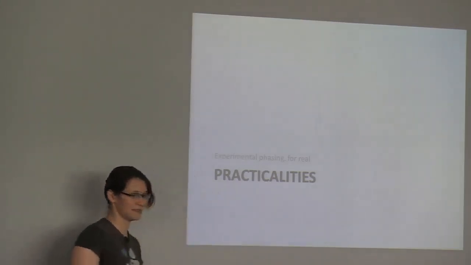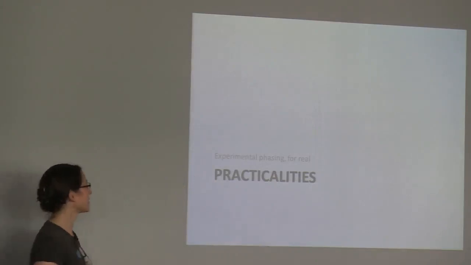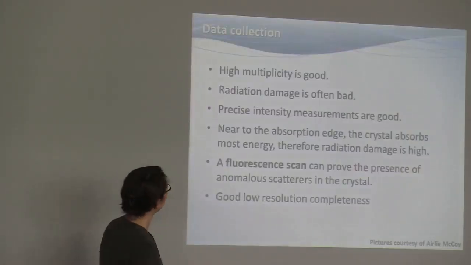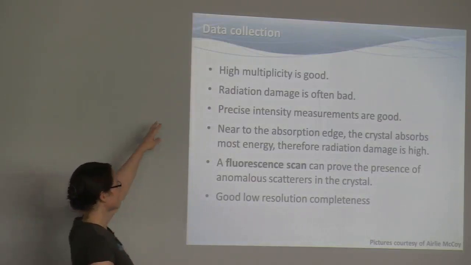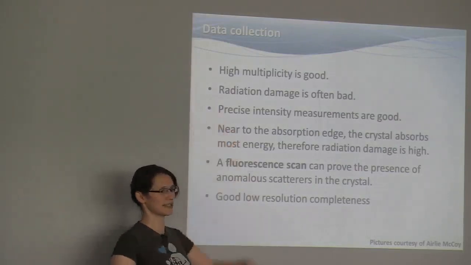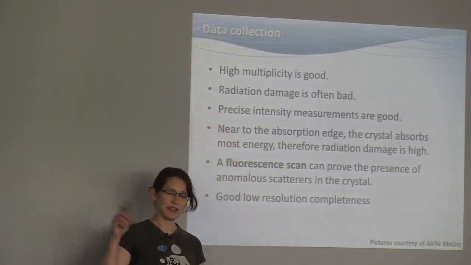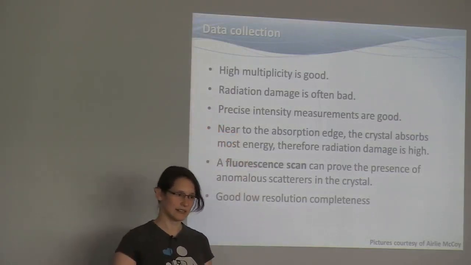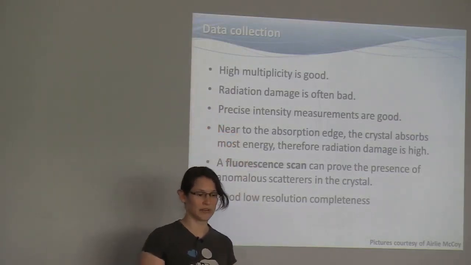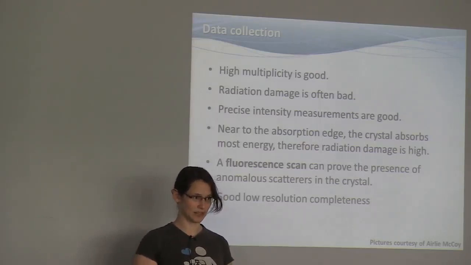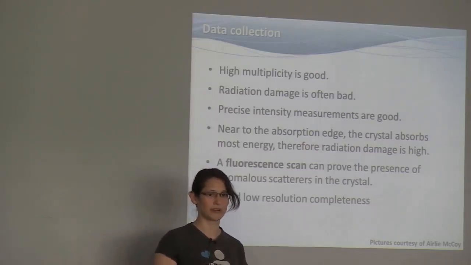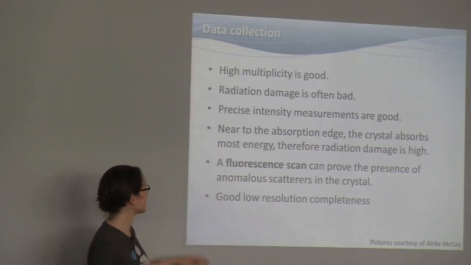Practicalities. So this will be, for everyone who's working on a beamline, possibly not news. High multiplicity is good. Radiation damage is often bad because those anomalous scatterers, it's not called absorption edge for nothing. They actually absorb a lot of energy, so they're a little bit more prone to radiation damage than all the other atoms.